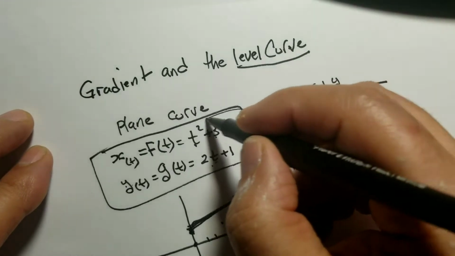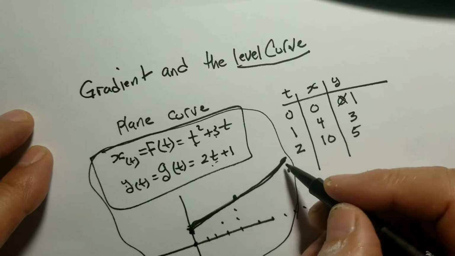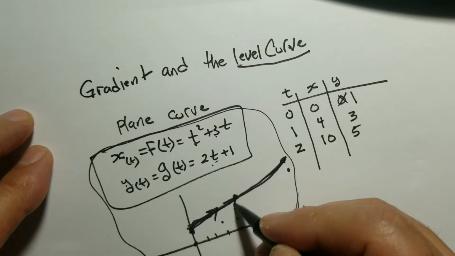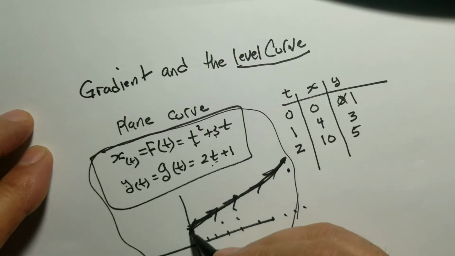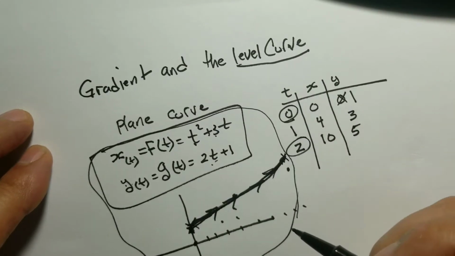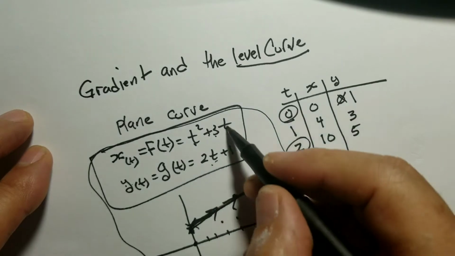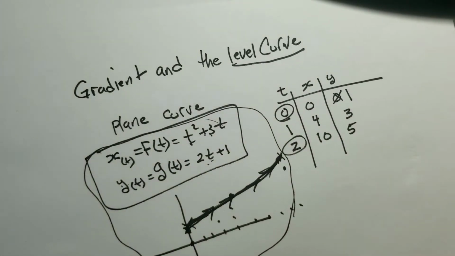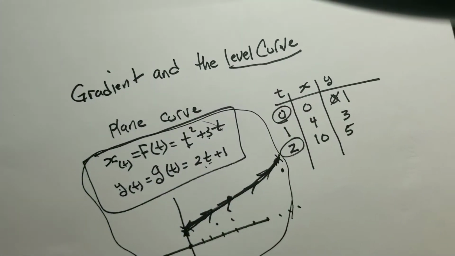The combination of these two equations plus the graph, which also has orientation, a starting point and an ending point. The starting point is t equal to 0, the ending point is t equal to 2. The combination of these three is called a plane curve.